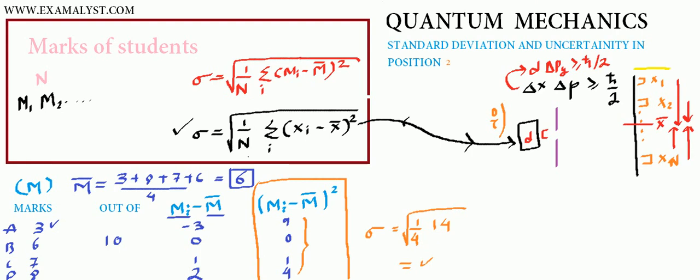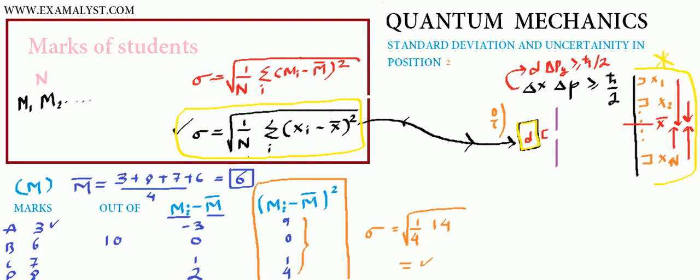Agreed? So using this data alone, you can actually guess the value of d. This is all I'm saying. That's why this particular quantity has the power to give you the uncertainty in position.